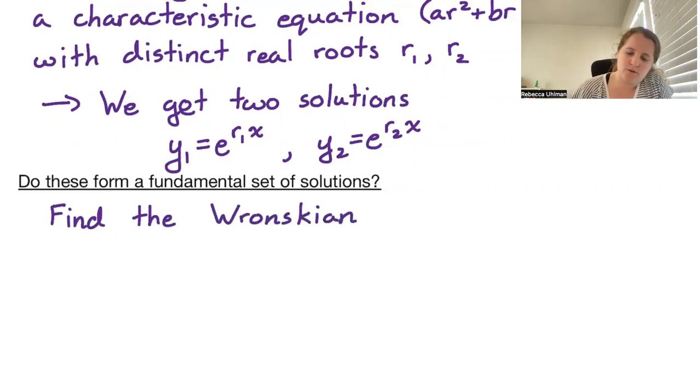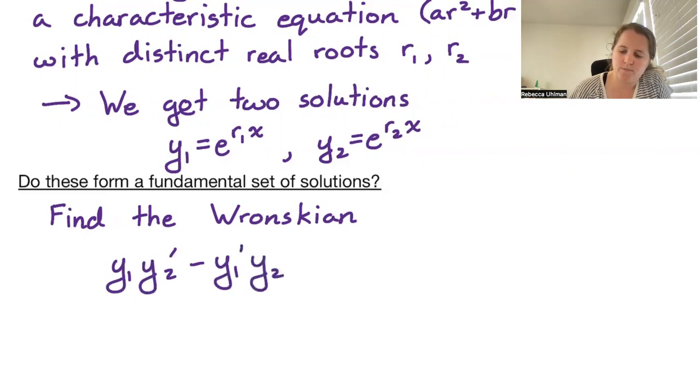We need to know y1 times y2 prime minus y1 prime times y2. And we're checking, is this 0 or not equal to 0?